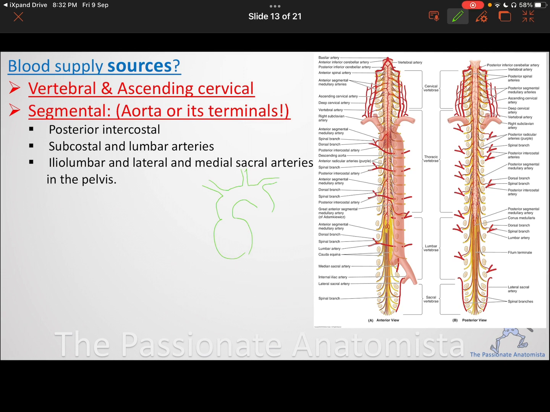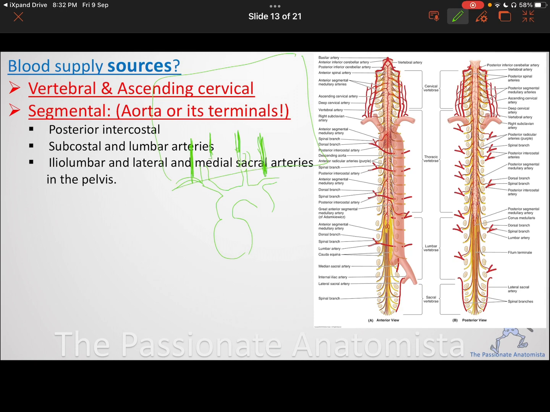Anyway, from the subclavian, I have the vertebral. Remember the vertebral arteries? Okay, so from the subclavian, I have two vertebral arteries. And from the common carotid, we have external and internal carotid. The external will give you the ascending cervical. So these can give you the blood supply of the above region. Okay, that was the above region.